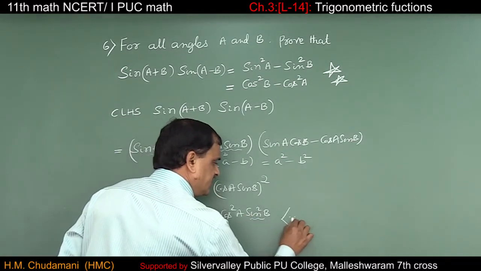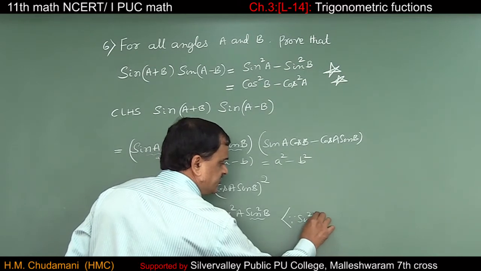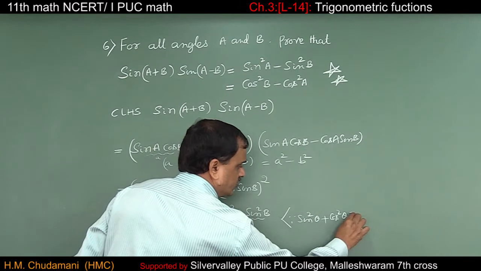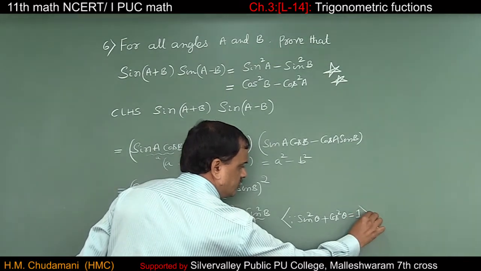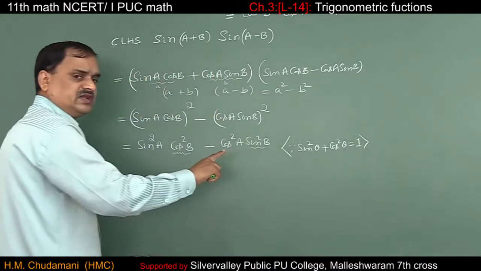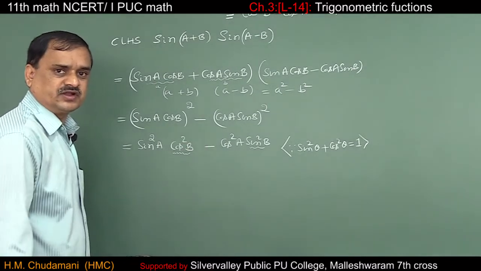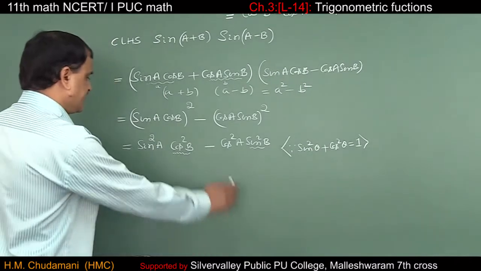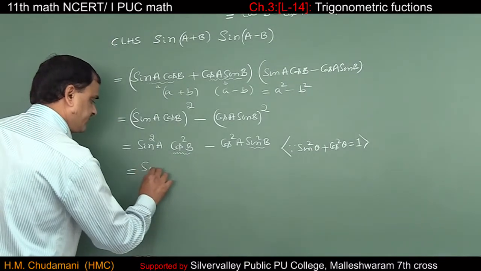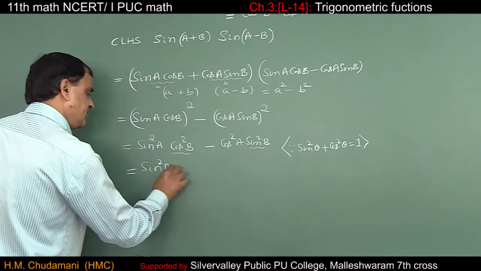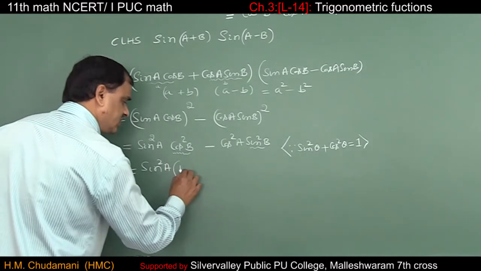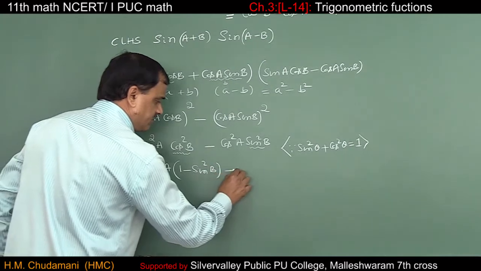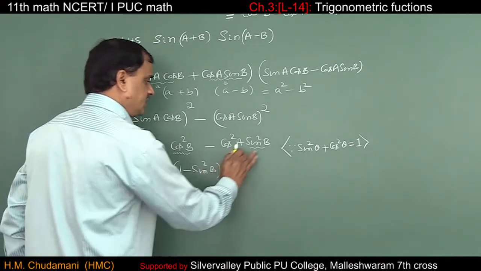We have the identity sin²θ + cos²θ = 1, so we can arrange sin²θ as 1 minus cos²θ, or else cos²θ equals 1 minus sin²θ. So in place of cos²B, 1 minus sin²B, minus cos²A.